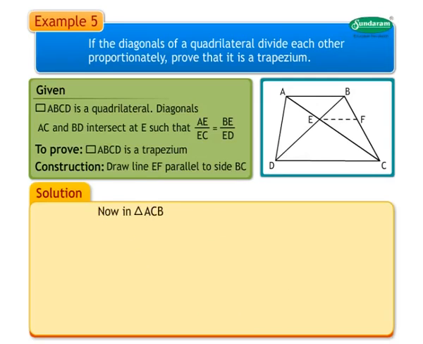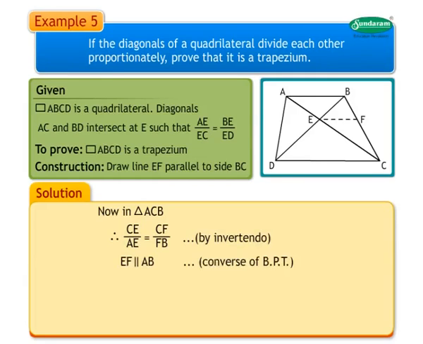Let us mark this statement as 3. Now, in triangle ACB, by using invertendo in statement 3, we get CE upon AE is equal to CF upon FB. Therefore, by converse of basic proportionality theorem, we get EF is parallel to AB.